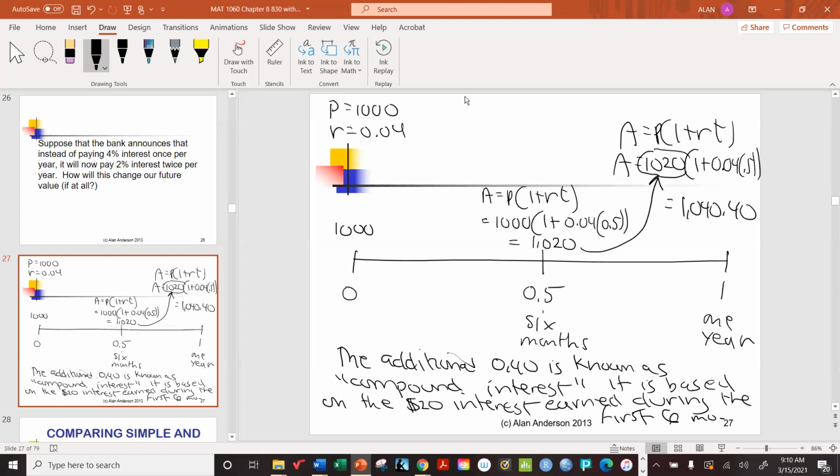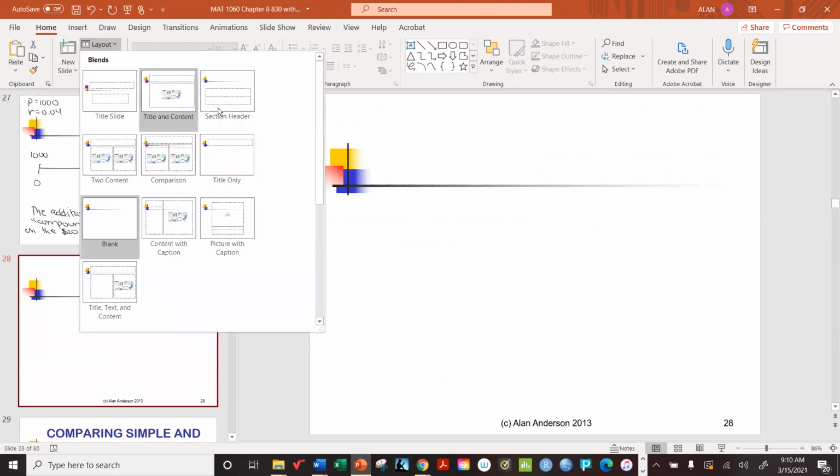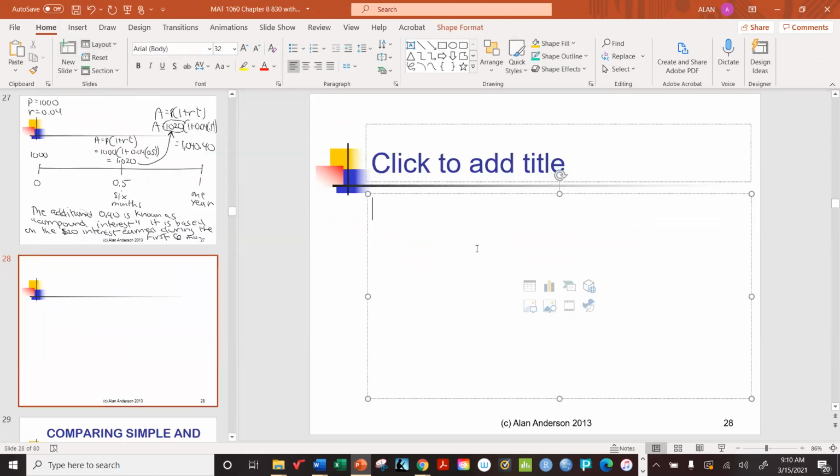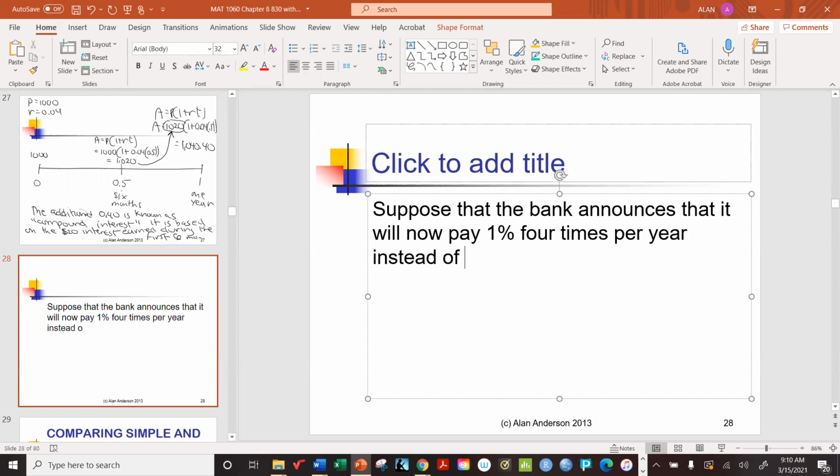So we're going to move this up to the next level and say, listen, now the bank is saying, maybe we'll try this. The bank now announces that instead of paying 4% once a year, 1% 4 times per year, instead of 4% once per year or 2% twice per year.